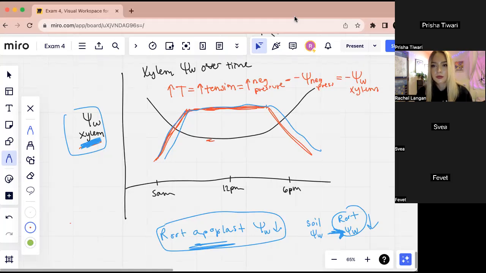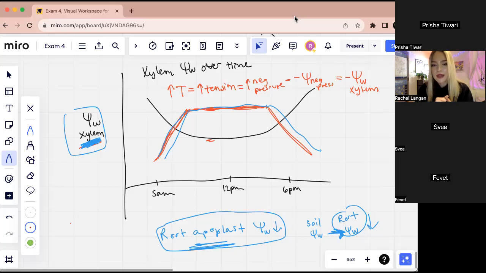What does it mean by more negative pressure? I get how transpiration is increasing the tension, but how does that add more negative? That is just how we quantify more tension.